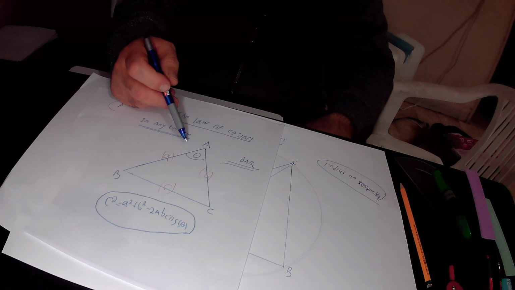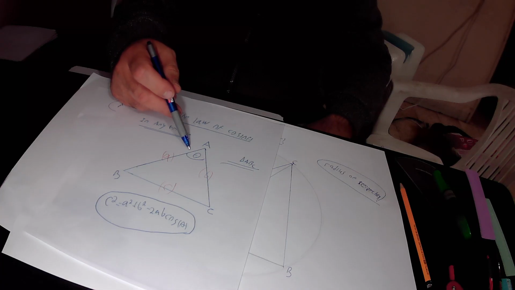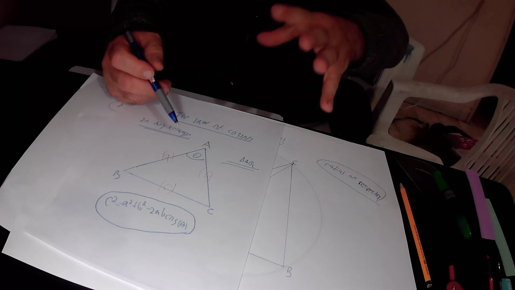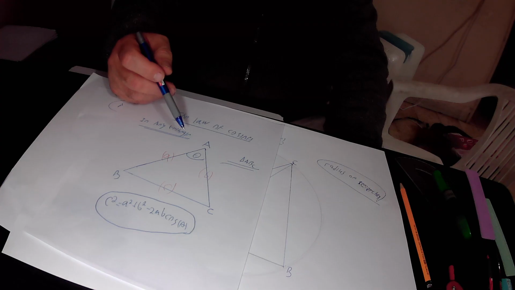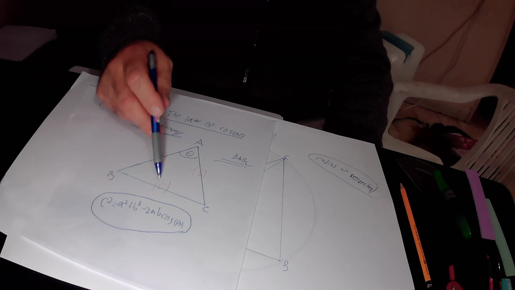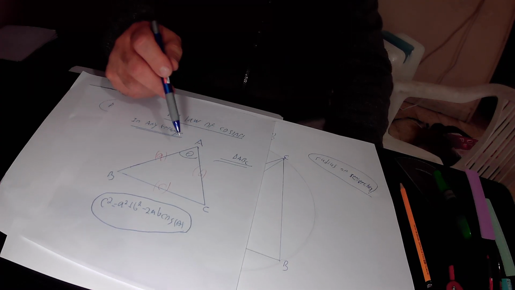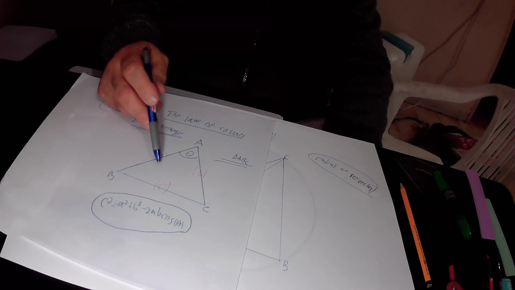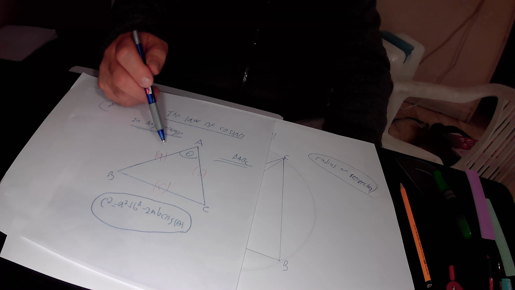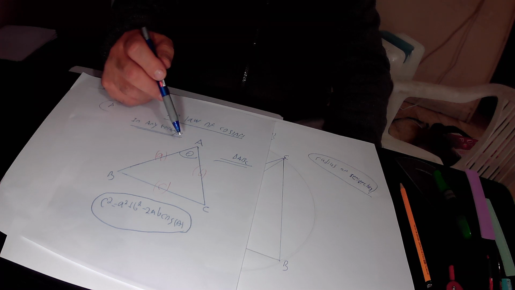This is angle BAC equals theta in its size. And in this triangle ABC that could be any triangle, the following equation is true. C square equals A square plus B square minus 2 times A times B times cosine theta.